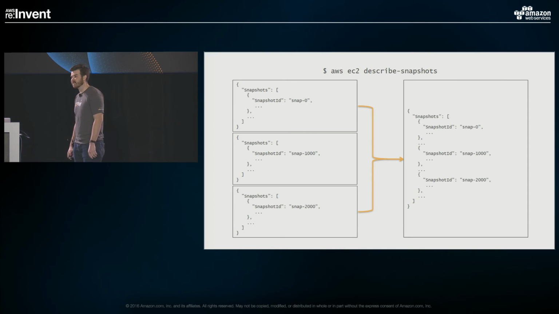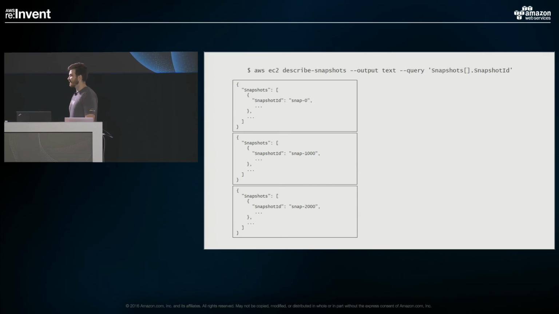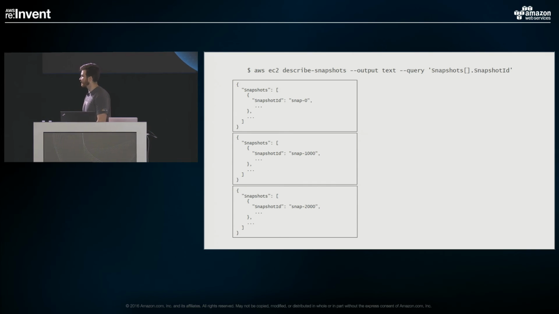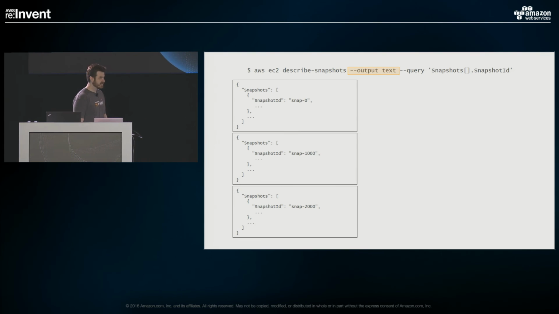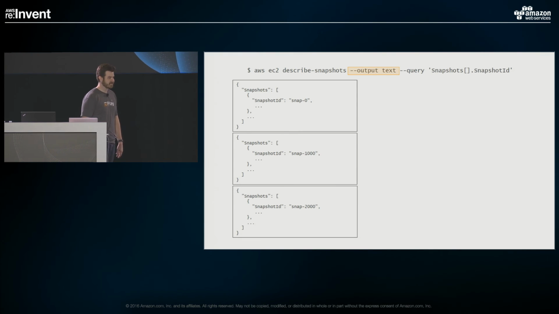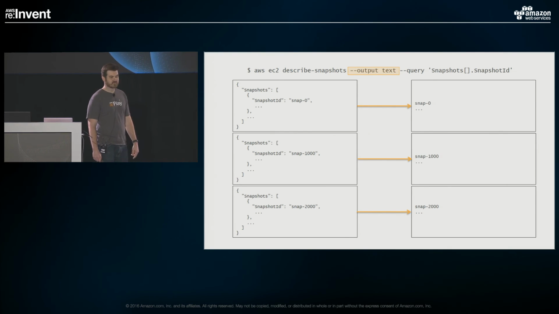The behavior of pagination can actually change based off the parameters you pass in. Here's an example of how the behavior can change with the output parameter, specifically the text format. When you specify output text, you still get all of the snapshots. But instead of waiting for all the responses to come back, the CLI will output each response as it comes in, and you get more of a streaming effect.